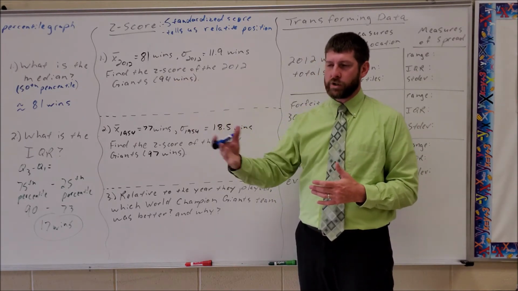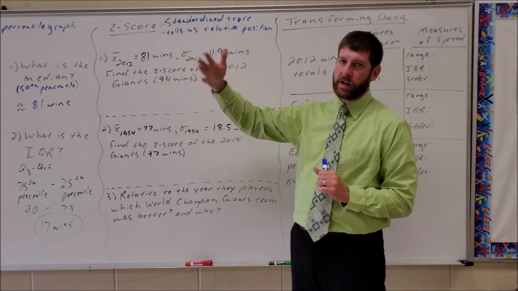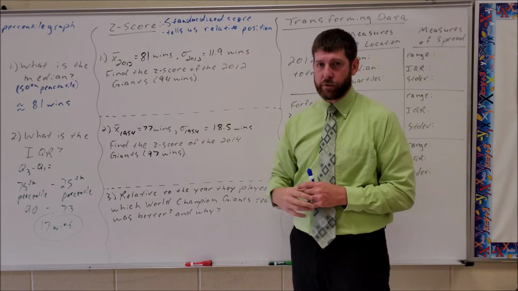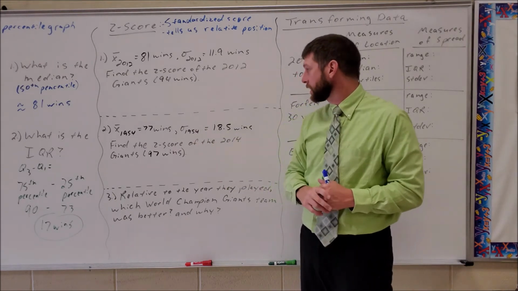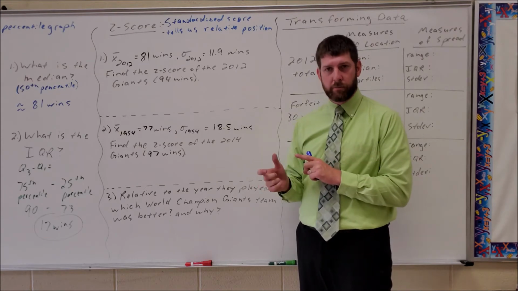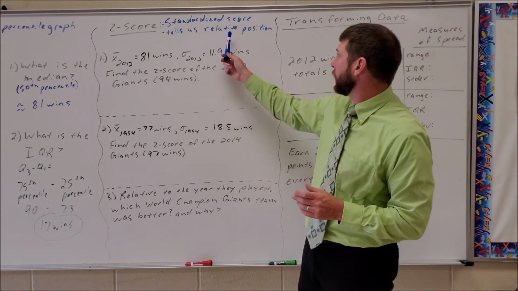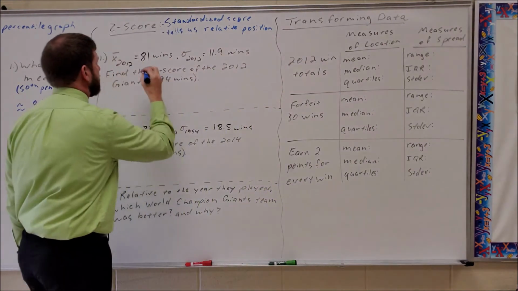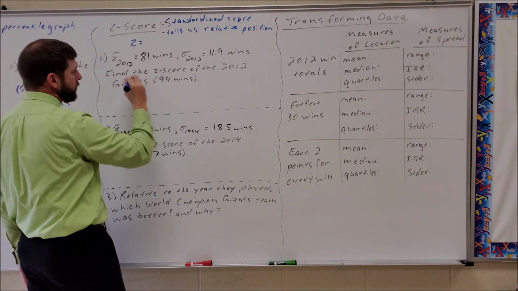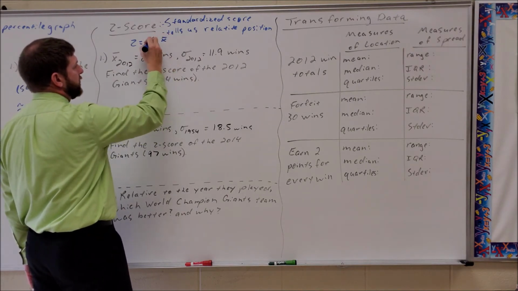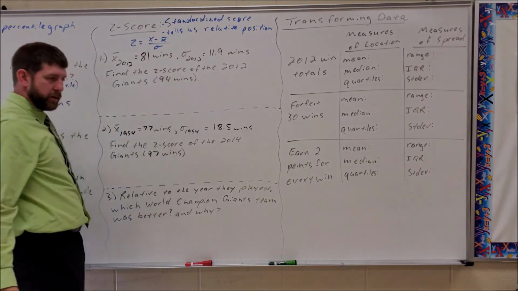It works off of those percentile ideas of ranking things, but it's not just using straight percentages. It's going to look at our position relative to the mean. So when we talk about relative position, we calculate that by looking at a value's distance from the mean and dividing by its standard deviation.